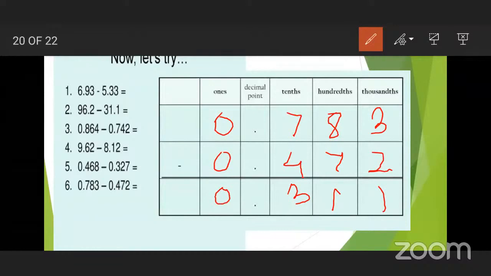The final answer is 0.311. Okay. So all of you get how to subtract decimal fractions? Subtraction. Yes.